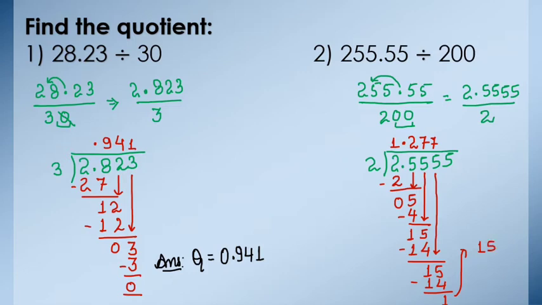Again 2 7s are 14. 1 is left in the remainder and no digit is there now. So we will put 0 after 1, because we can add as many zeros as we want on the right side. So now 2 5s are 10. So the remainder is 0. Therefore the quotient is 1.27775.